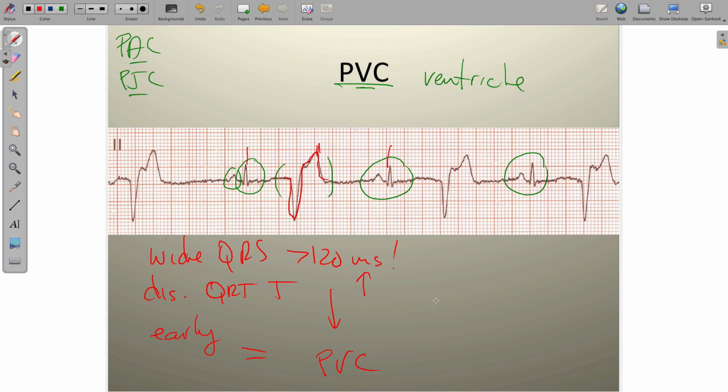They are complexes that occur early in the rhythm, they come early in the sequence, and as a result of coming early in the sequence, we call them premature. So that's this guy that's coming early in the sequence. They are wide, there's discordance between QRS and T. These are PVCs. All right, so I think that covers everything we need to for the ventricles. All right, stay tuned for heart blocks if you haven't listened to those yet.